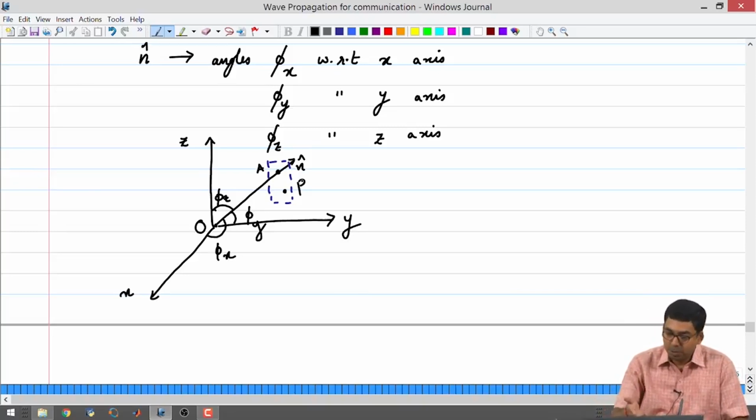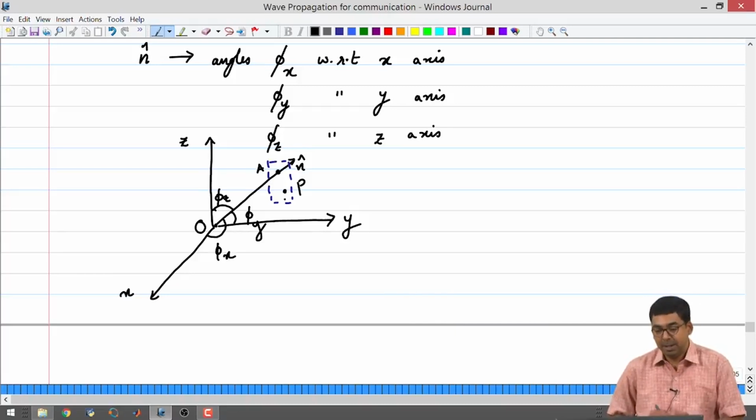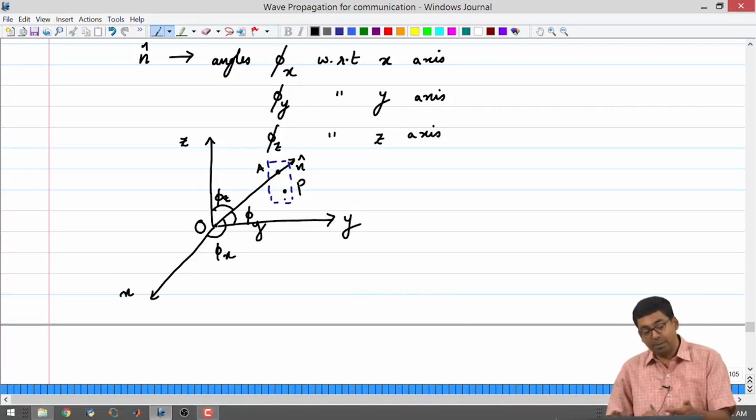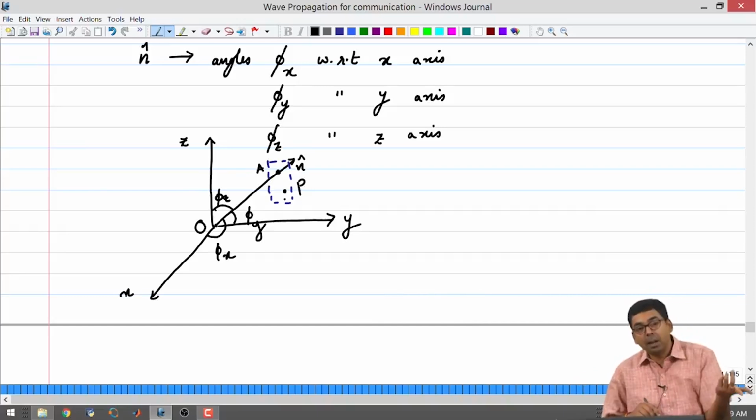So, you could draw a large plane, and if you take the point P, it is lying on the same phase. But the way we have drawn a coordinate system over here, it is perfectly possible for me to draw a vector from point O or the origin going to this point P, but it will not look like n hat.